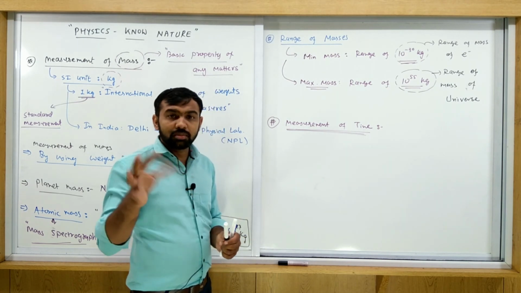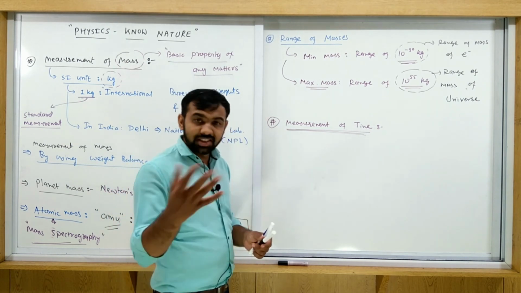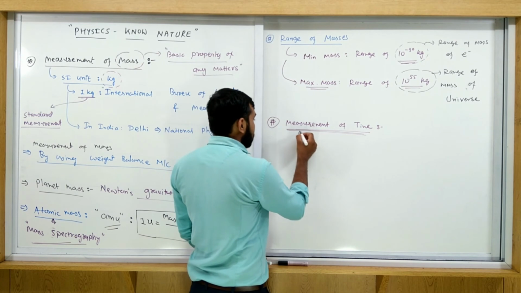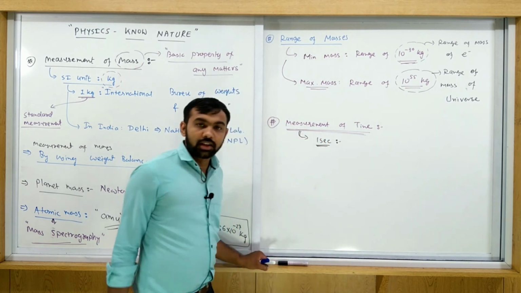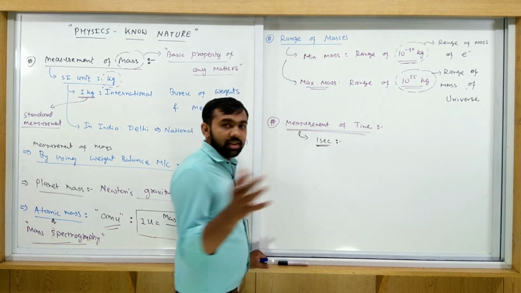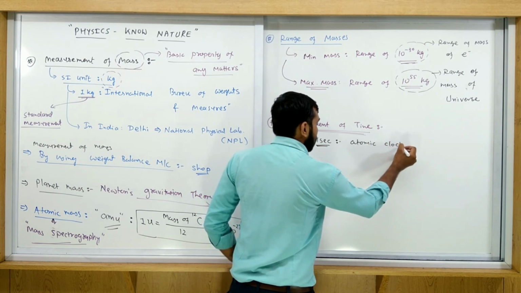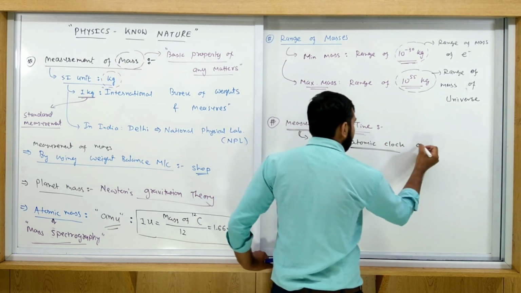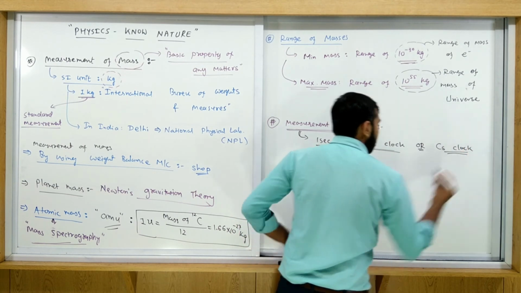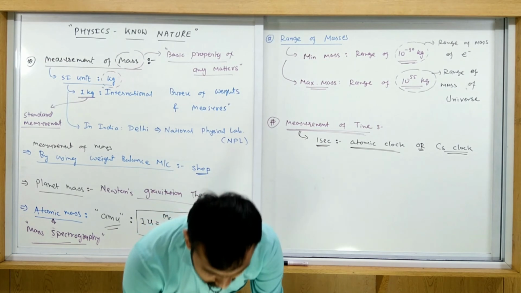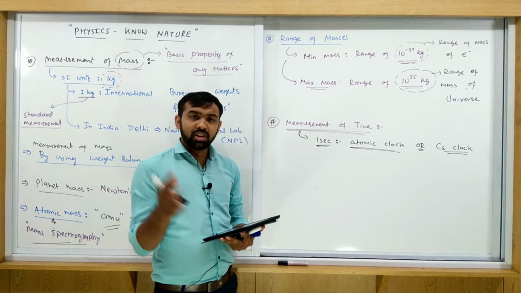But if you consider how we define 1 second, a cesium clock or atomic clock is used for 1 second. So 1 second is measured in an atomic clock, or we call it a cesium clock. That is given in our textbook, topic number 2.5. You just read it, only for reference.